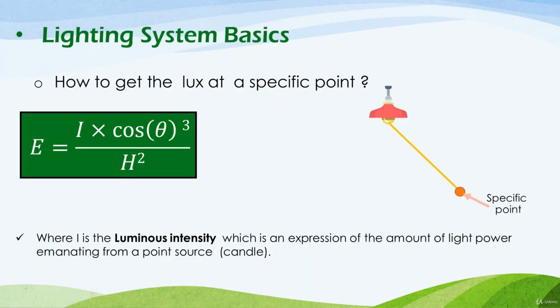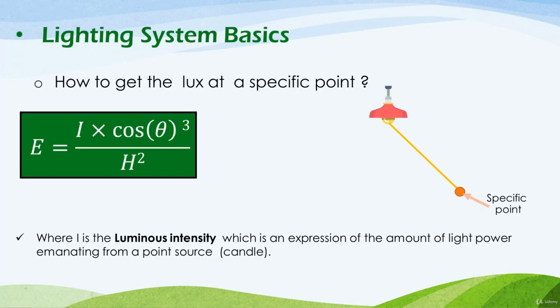Here I is the amount of light emitted from the light source, and it's similar to the lumens, but it's another parameter here that is called the luminous intensity, and we refer to it with the letter I. And this I, or the luminous intensity, is an expression of the amount of light that is emitted from the light source. And its unit is candela, so we measure it in candles.